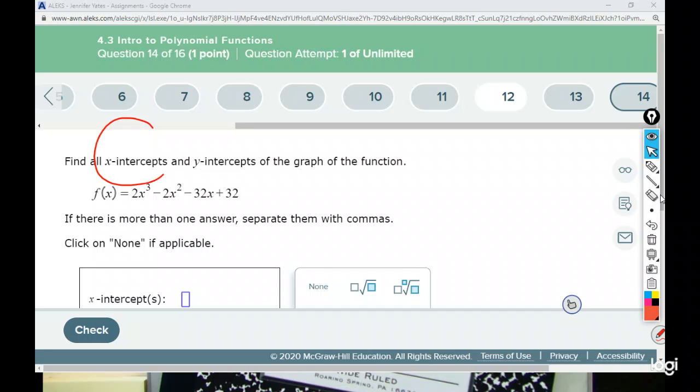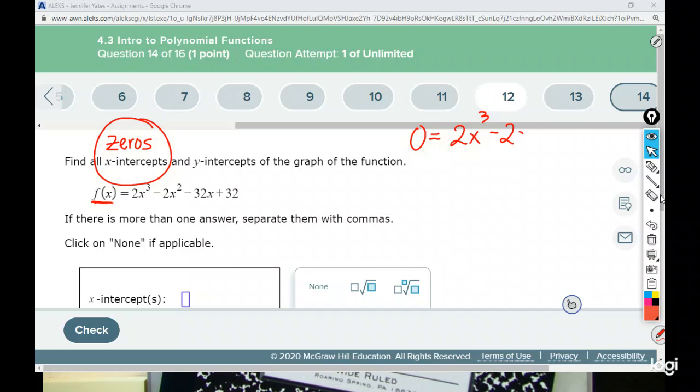X-intercepts, that's a fancy way of saying the zeros. That's what we've been doing, right? So let's start with that one. What did we do with our y so we could find the zeros? We let it equal what? 0. All right. 0 equals.